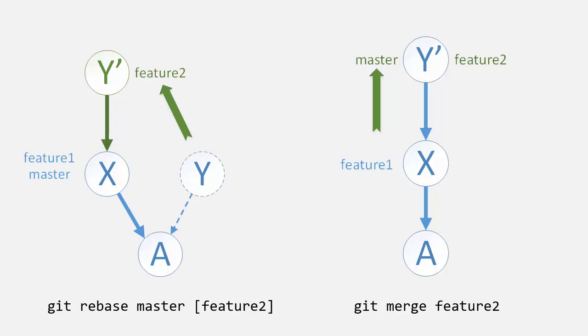What Git is going to do is work out the patch, the change that occurred between commit A and commit Y, and apply it on top of commit X to create a new commit Y prime. And once you're in that position, you have the situation shown on the right hand side here, where merging feature 2 into the master branch simply becomes a fast forward merge.